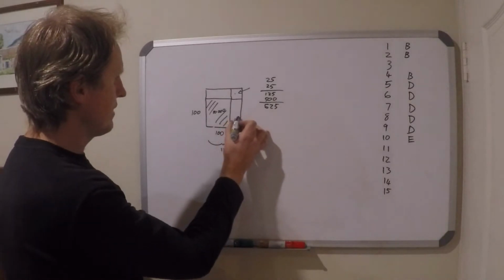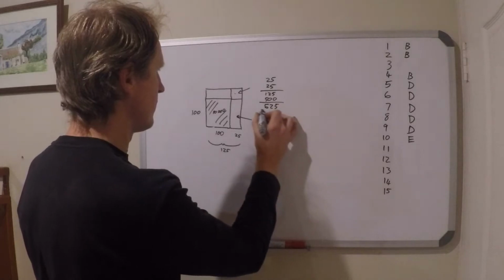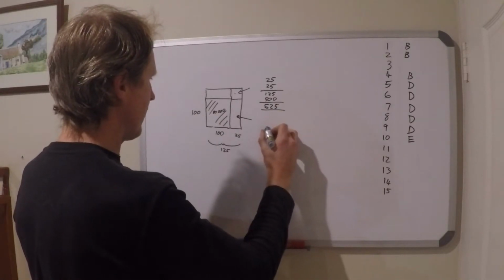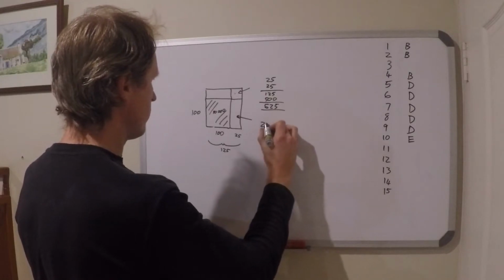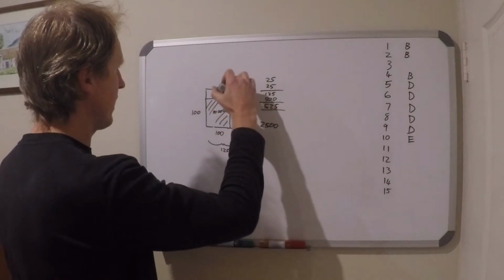And this area is 25 times 100, that's easy. That is 2500, and there's another one over here, so that's 2500.